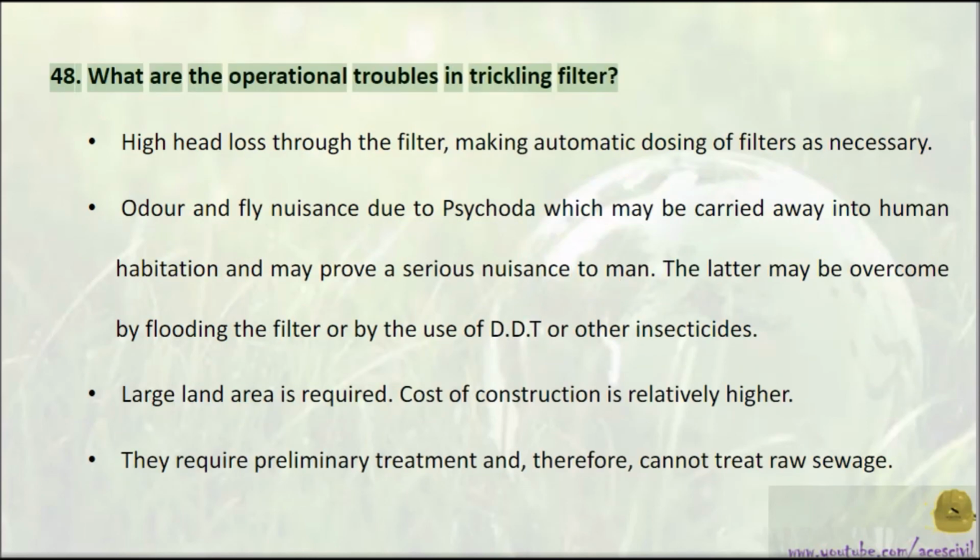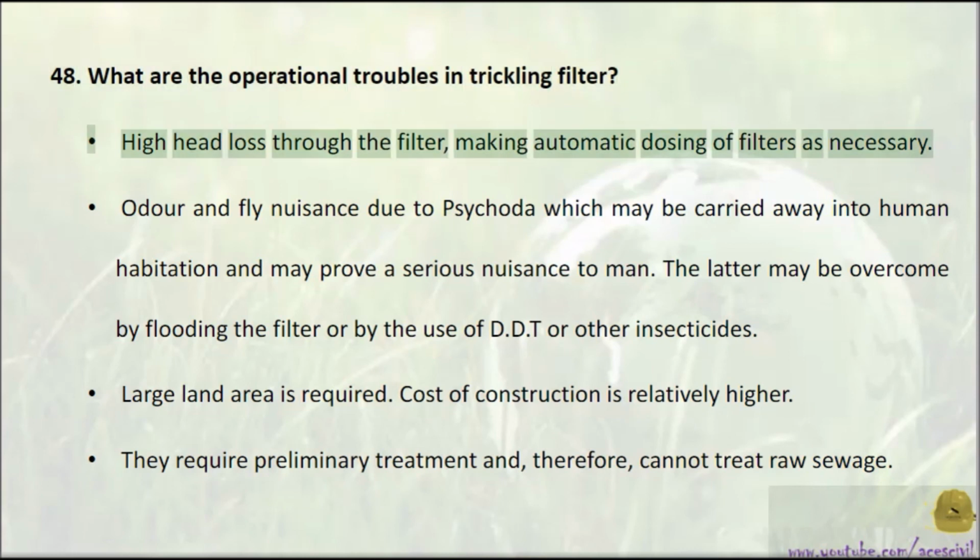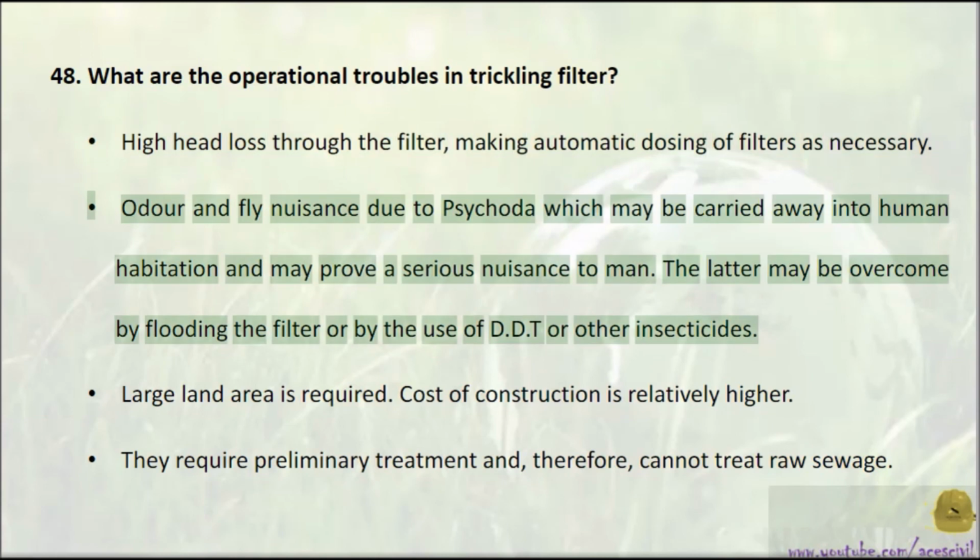What are the operational troubles in trickling filter? High head loss through the filter, making automatic dosing of filters necessary. Odor and fly nuisance due to COD which may be carried away into human habitation and may prove a serious nuisance to man.